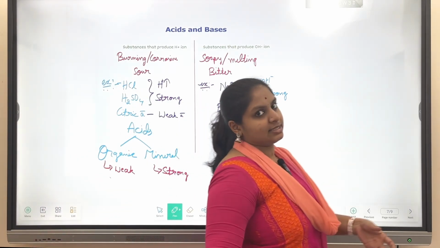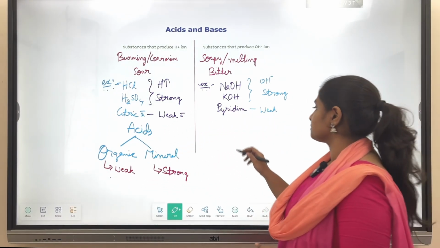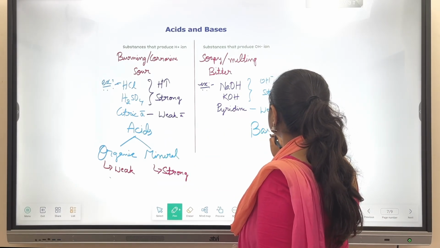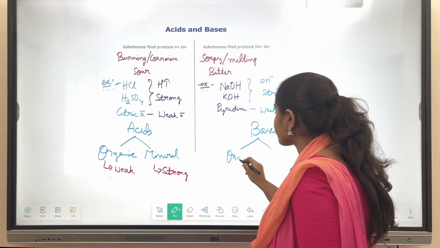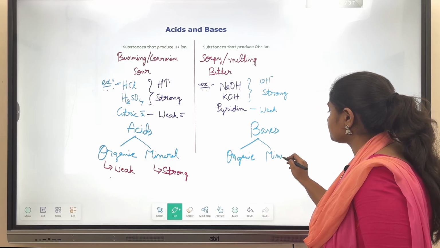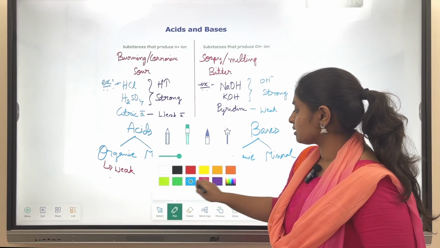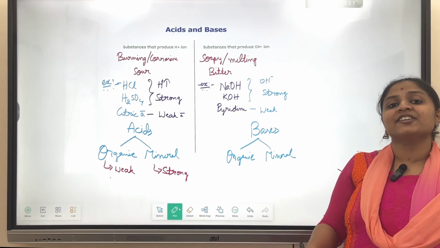Now, exactly similar to how we classified acids, we will also classify bases. Let me take a different color. Bases are again classified as organic and mineral. Organic bases, just like organic acids, are very weak.